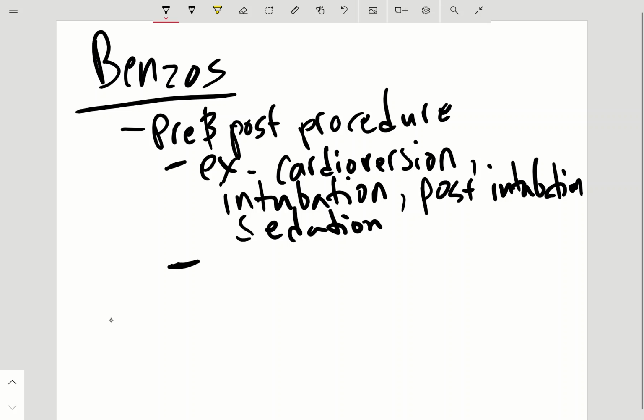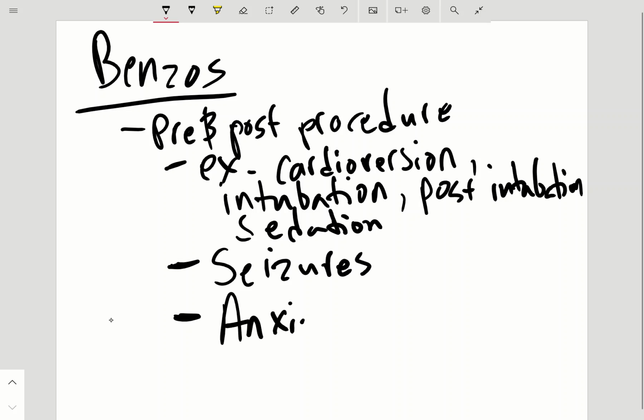These are also given for seizures. And you can also give these, depending on your protocol, for anxiety. And typically this is for panic attacks.